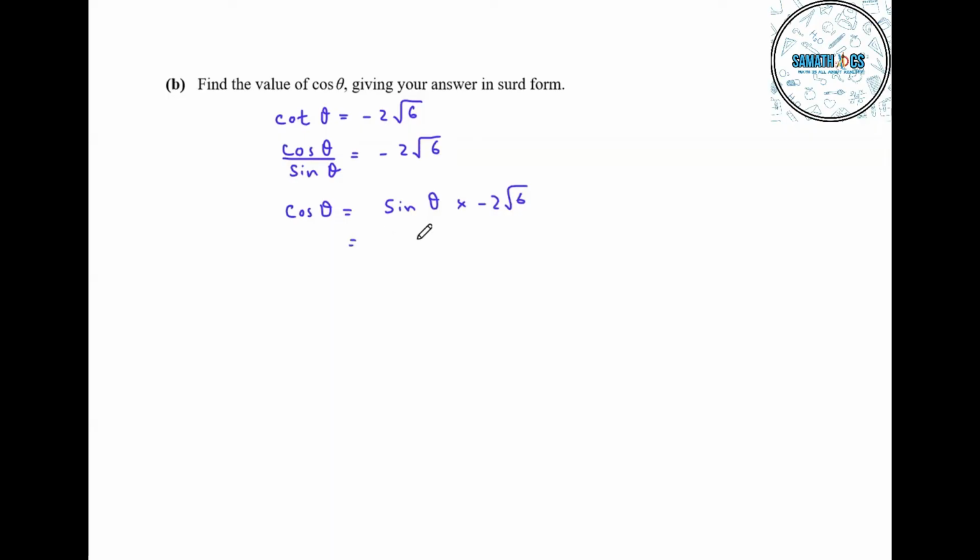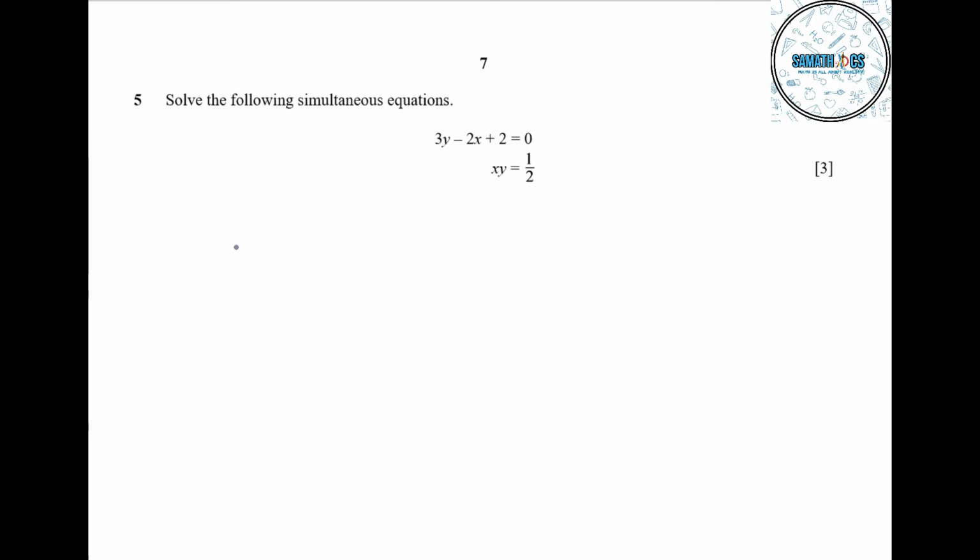We have already taken the value of sine theta as minus 1 upon 5, multiplied by minus 2 under root 6. So we have here 2 under root 6 upon 5. And as we have to find cos theta in the fourth quadrant, cos theta is positive. So 2 under root 6 upon 5 is the answer.